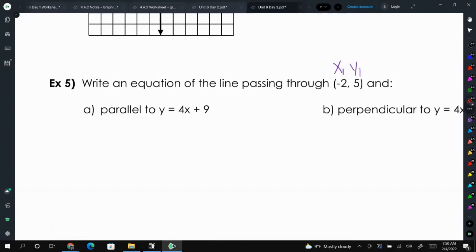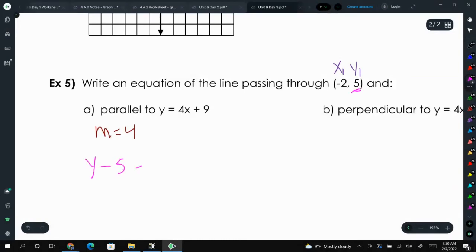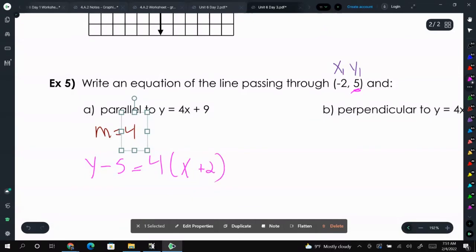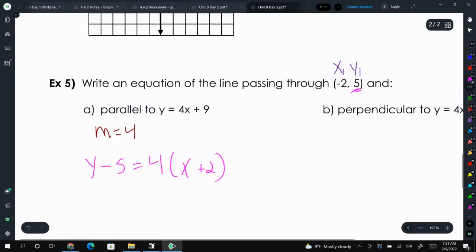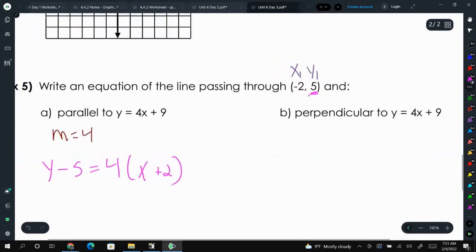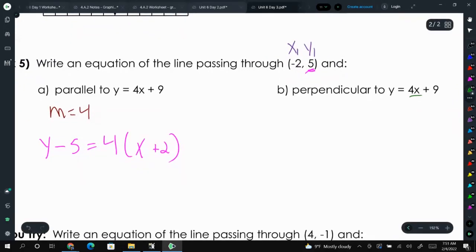Write an equation of a line that passes through this point and is parallel to y equals 4x plus 9. Well, if it's parallel to 4x plus 9, that means we want our slope to be 4. So y minus 5, because that's y1, equals m, our slope, 4 times x minus negative 2, which becomes plus 2. Then perpendicular to this line, your slope is going to be negative 1 over 4 because we flip 4 over 1 and make it negative.